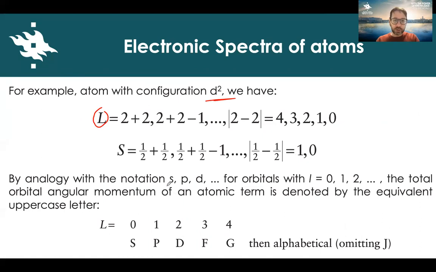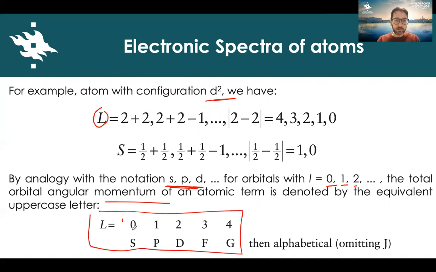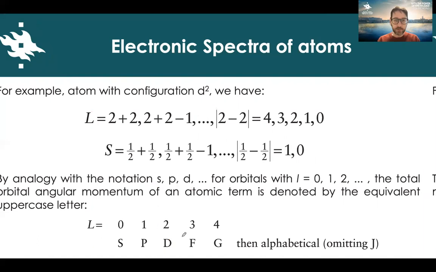And from analogy with the notation s, p, d, and so on for orbitals with l 0, 1, 2, the total angular momentum of an atomic term is denoted by the equivalent uppercase letter. So if L equals 0 it is an S term, if L equals 2 it is a D term, okay?